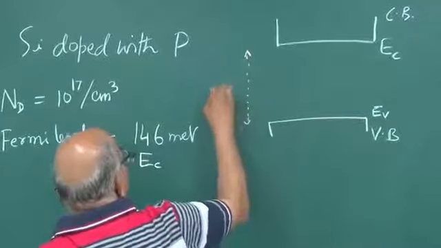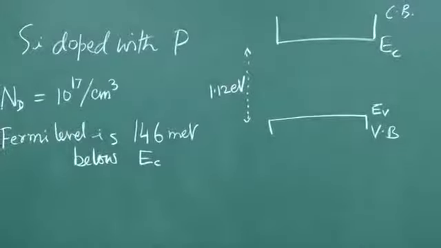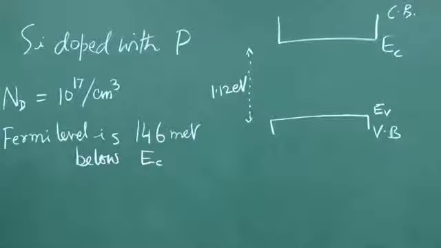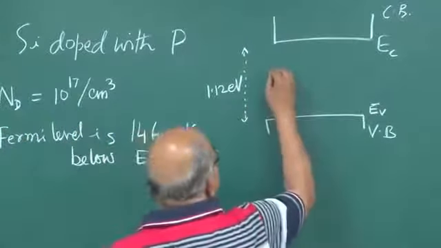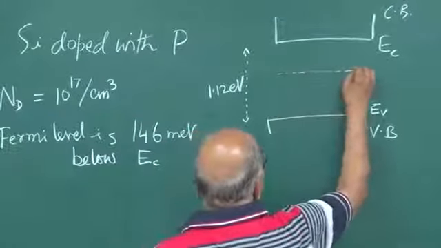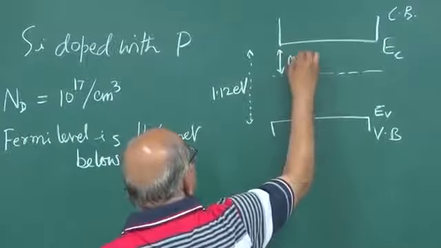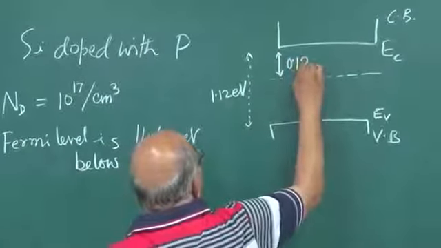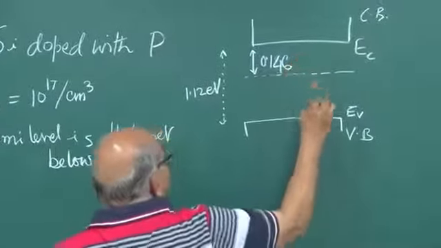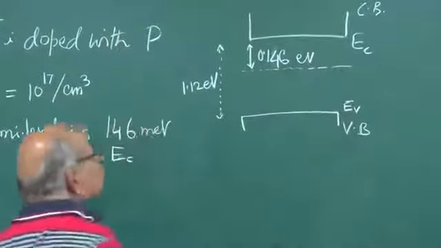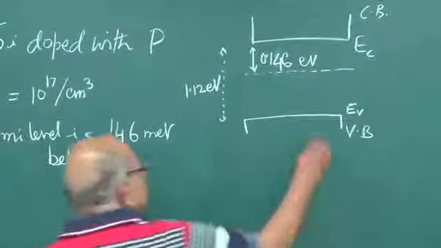This is around 1.12 eV, and the Fermi energy is 146 meV below EC. So 146 will be, let's say, somewhere here. This is 0.146 eV. This is the Fermi energy.